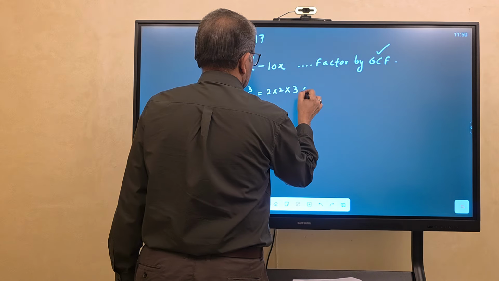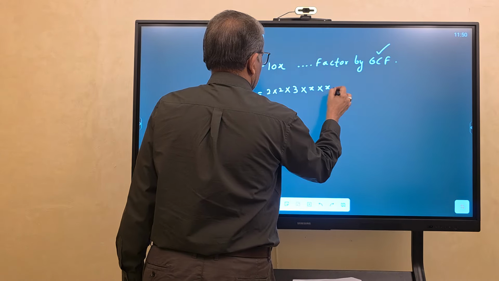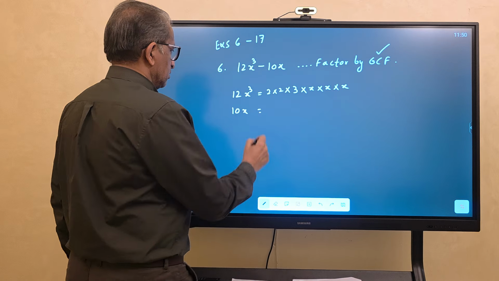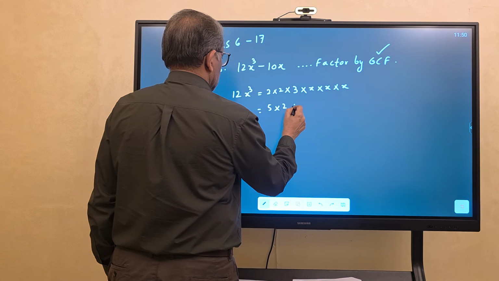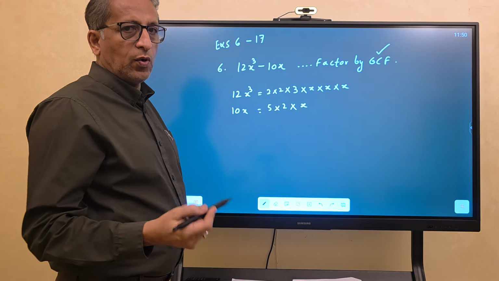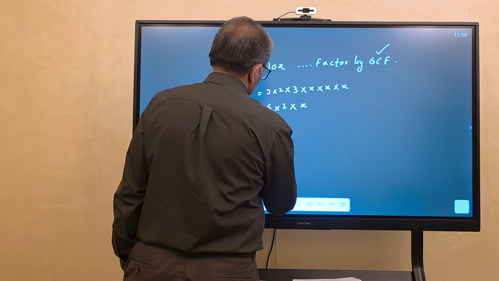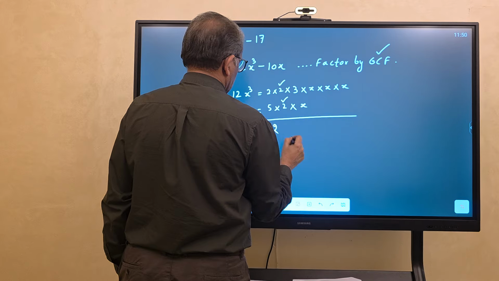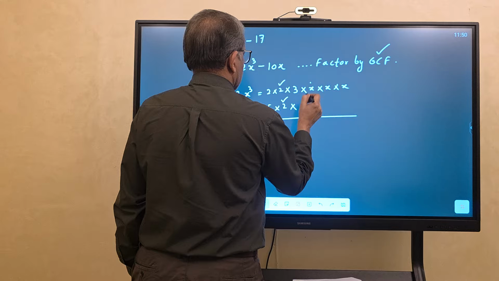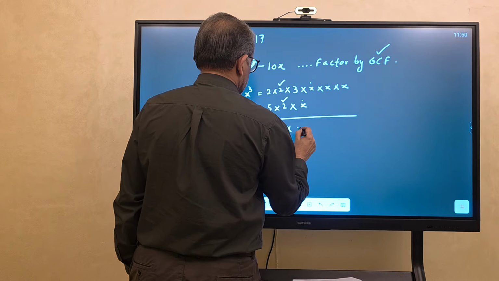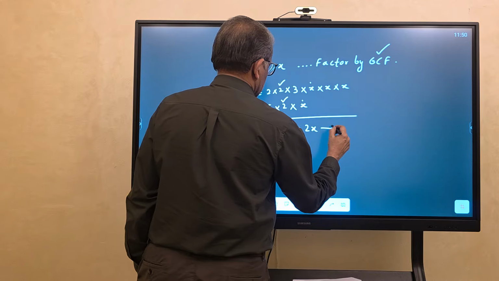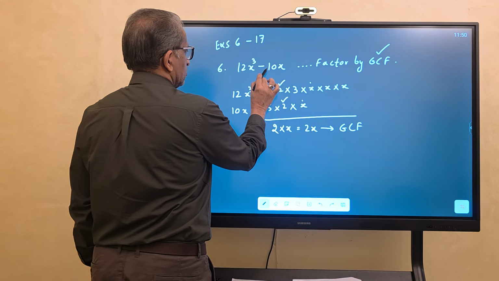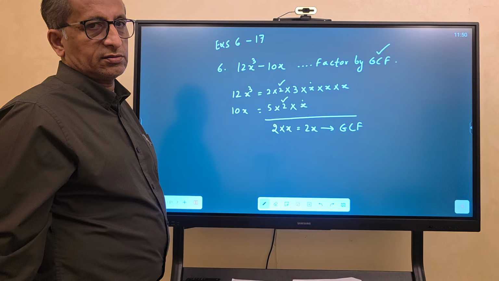X is multiplied 3 times, so x, x and x. Then the factors of 10: 5 into 2, and x is multiplied once. Let's find the common factors. We have 2 and 2, therefore we have 2 here. Then we have x and we have x. So multiply, 2x. This is the greatest common factor of the term 12x cubed and the term 10x.